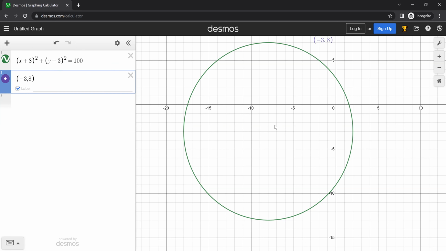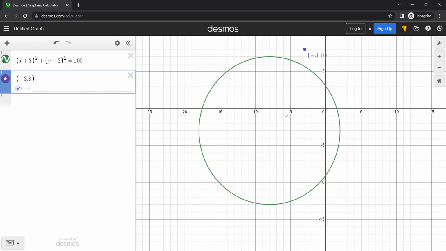Is that point right there the center of the circle? Are you sure you're looking at the screen? I don't think so. It should be over here, somewhere in the middle. Do you want to try again with the center? What is the center of the circle?